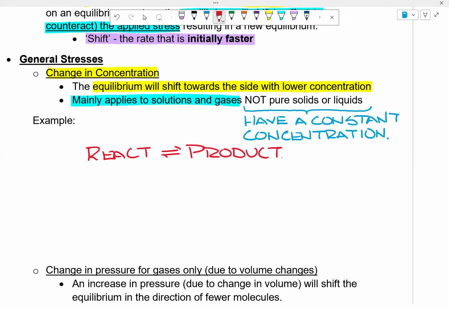But what I've just done is made it a general equation of reactants going to products. And so what I have here is three particular categories. I have the stress, I have the shift, and I have the result.